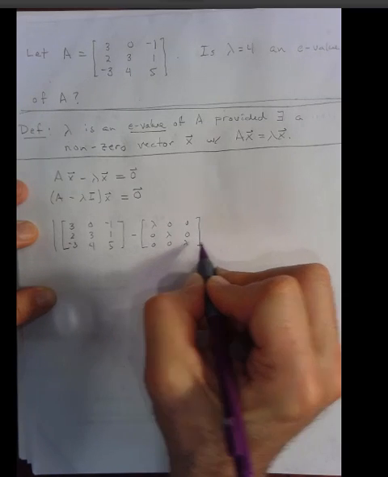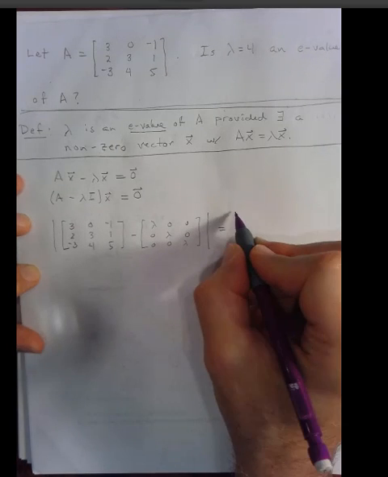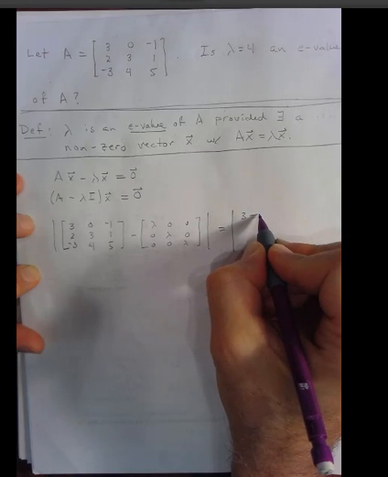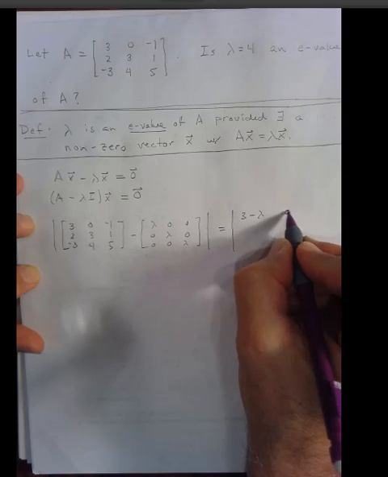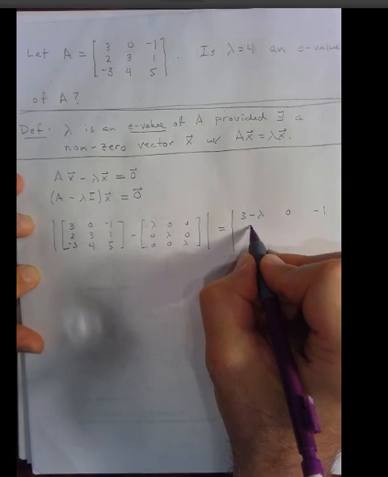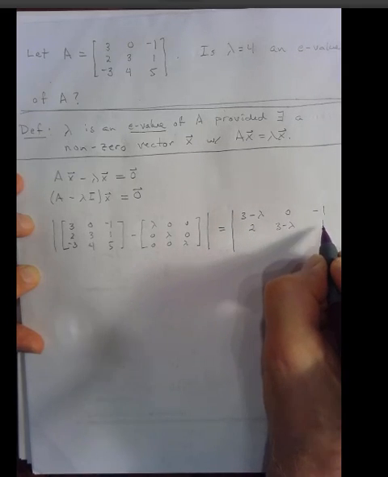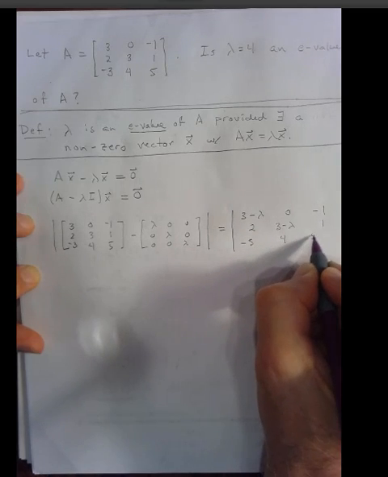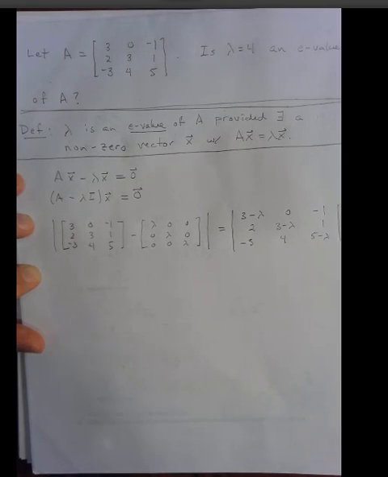If I just do that subtraction, that's going to be 3 minus lambda, 0, negative 1; 2, 3 minus lambda, 1; negative 3, 4, 5 minus lambda. So I want to take the determinant of that.